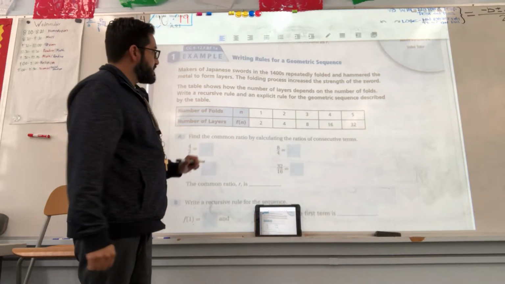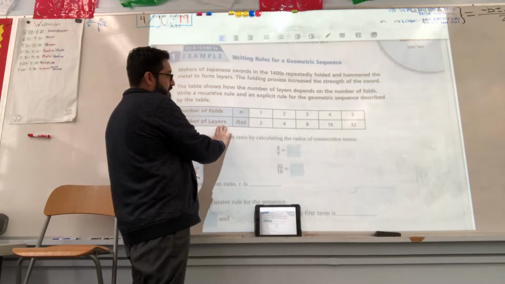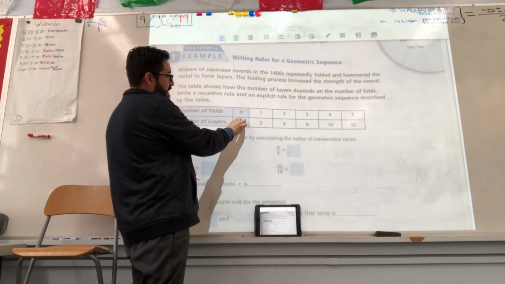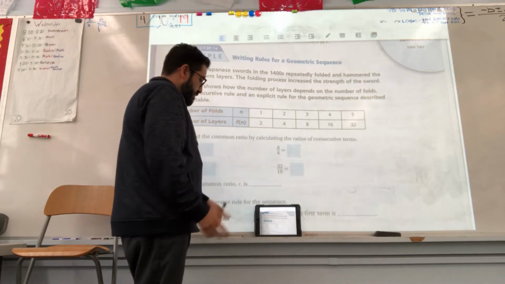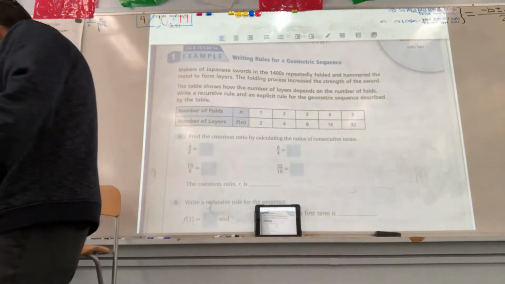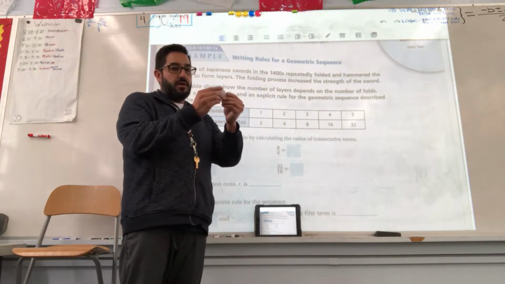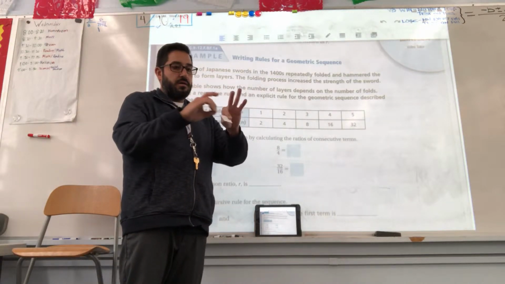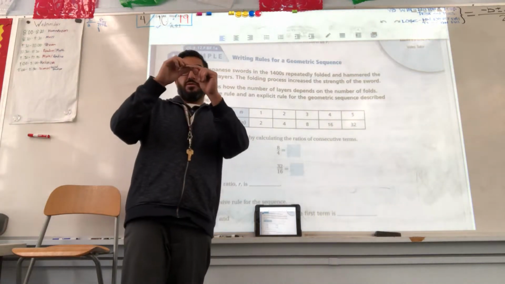If we look at this table, we have n, the number of folds, and then the number of layers. So how many folds gives us how many layers? Well, when we have one fold, we have 2 layers. If I took this piece of paper and folded it in half, ta-da, I have one fold, and now I have 2 layers.